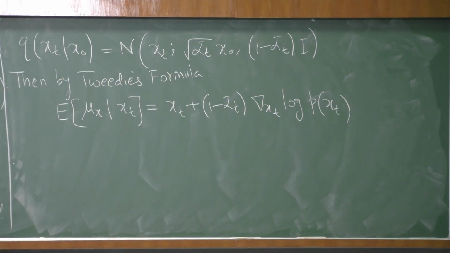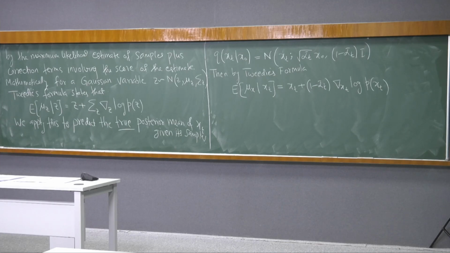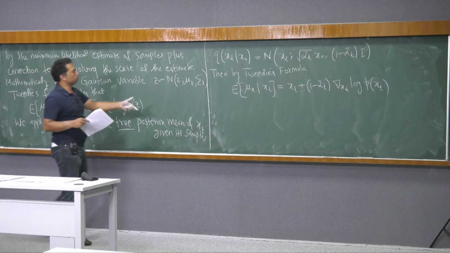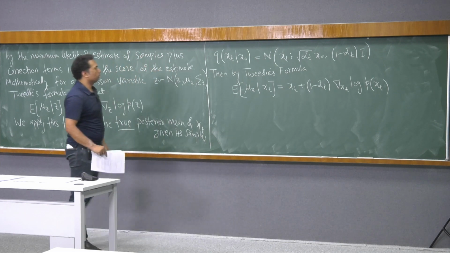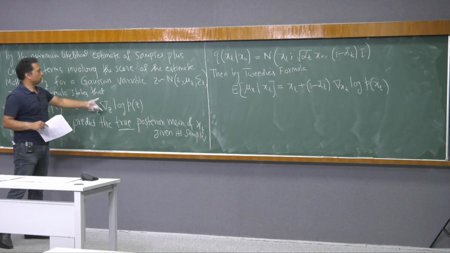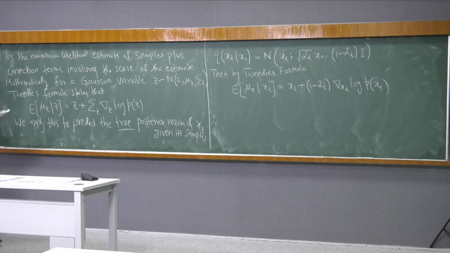So we apply the Tweedie formula. In place of z we have xt, and then we have the variance, which in this case is 1 minus alpha bar t, and that gets multiplied with the grad log of z. In our case, z is xt, so it's log of p xt.